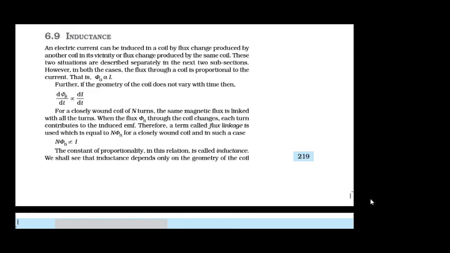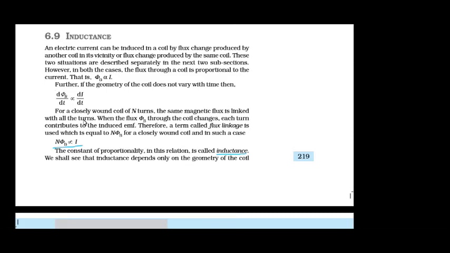In such a case, N phi B is directly proportional to I. The constant of proportionality in this relation is called inductance.